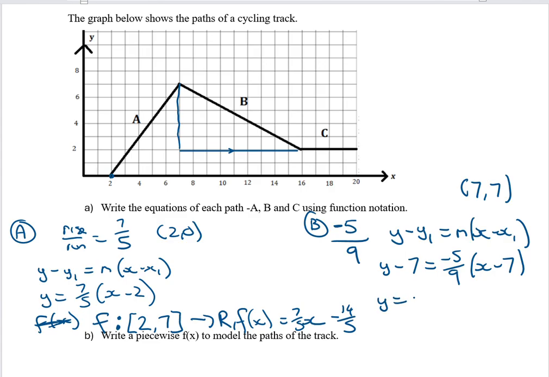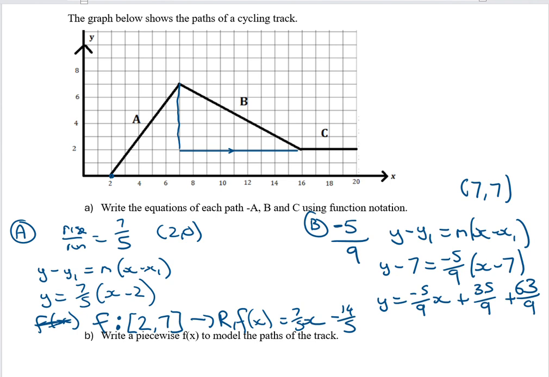I will expand and add 7 to the other side. So I've got negative 5 over 9x. Negative times negative is a positive. 5 times 7 is 35. So 35 over 9 plus 7. Just so I can write it in the same form, I'll make it out of 9. So 7 times 9, 63.